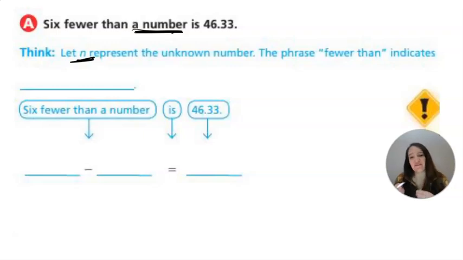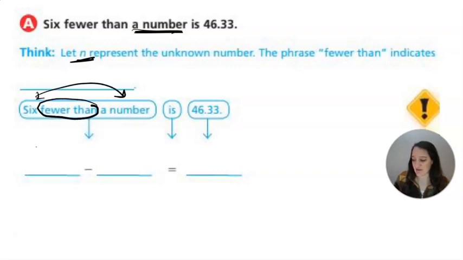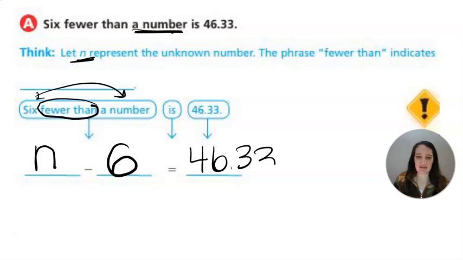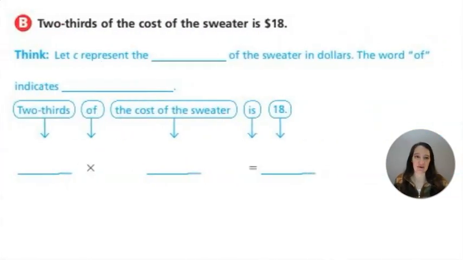That's when we use a variable, when we don't know what that number is. So 6 fewer than a number. We're going to also remember that fewer than and less than is that turnaround word. So we're going to have a number. We're going to go 6 fewer than that is 46.33.